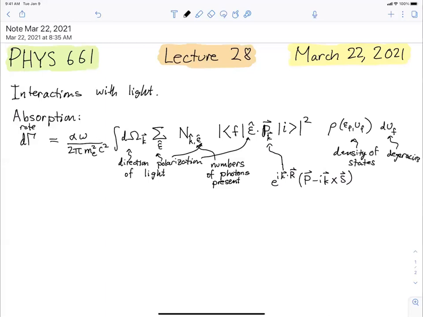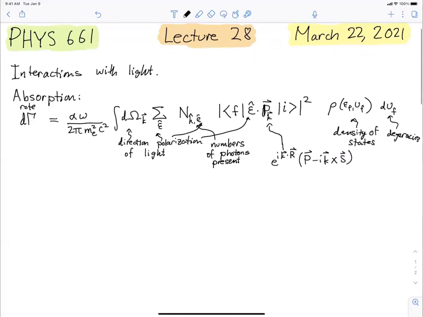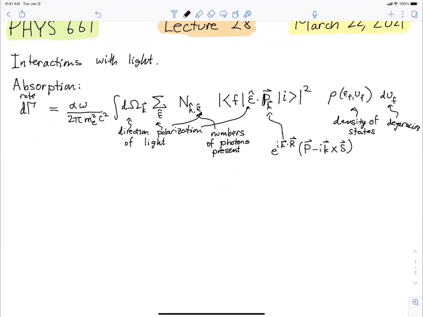Okay, so all of that is for the absorption rate, but that's not often the thing we measure. What we measure might be a cross-section, which we call sigma, and we talked about how to trade this for the cross-section. There's just some constant of proportionality there that one has to include.